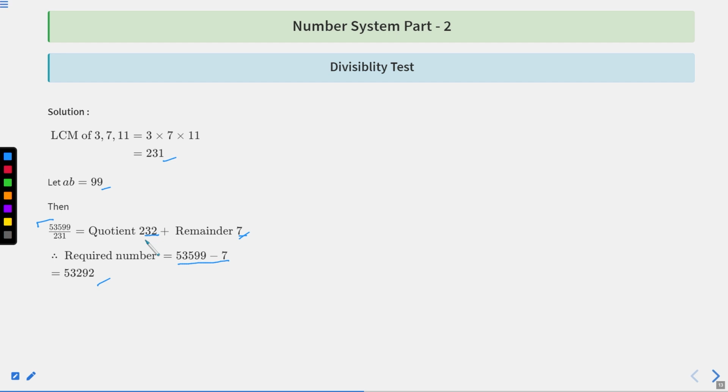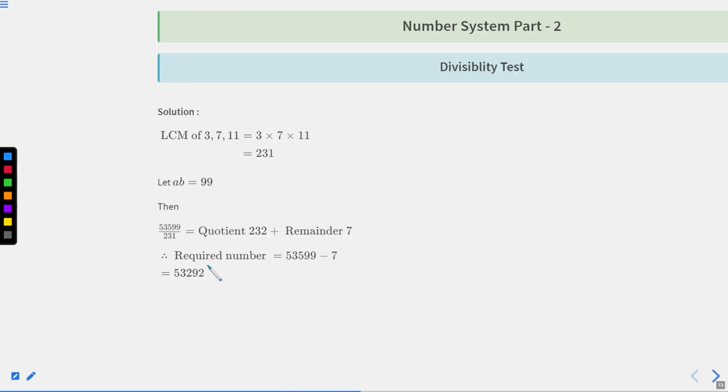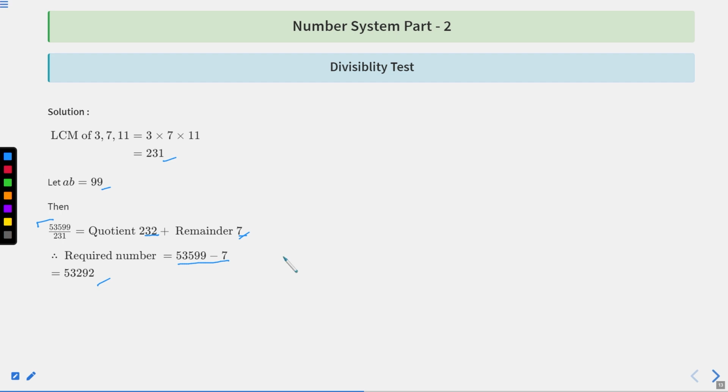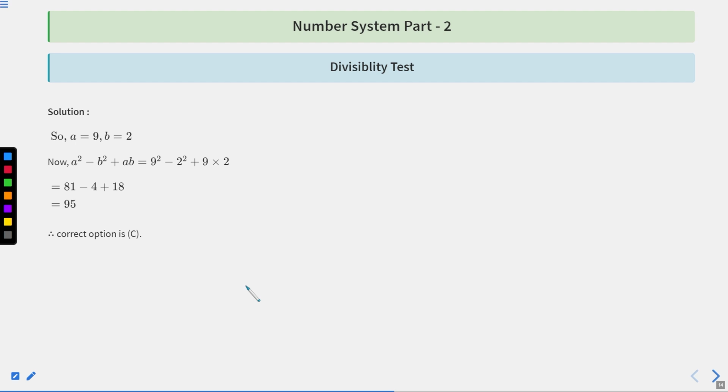That means you now know the value of A and B, because your initial number was 535AB. And now your number is 53592, and this is the value of AB.